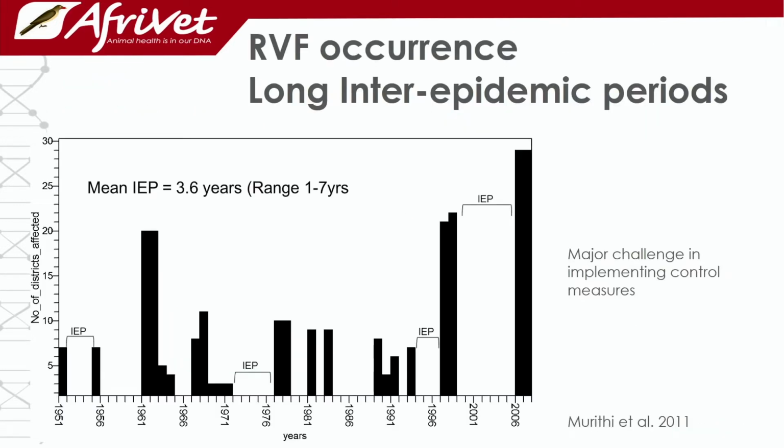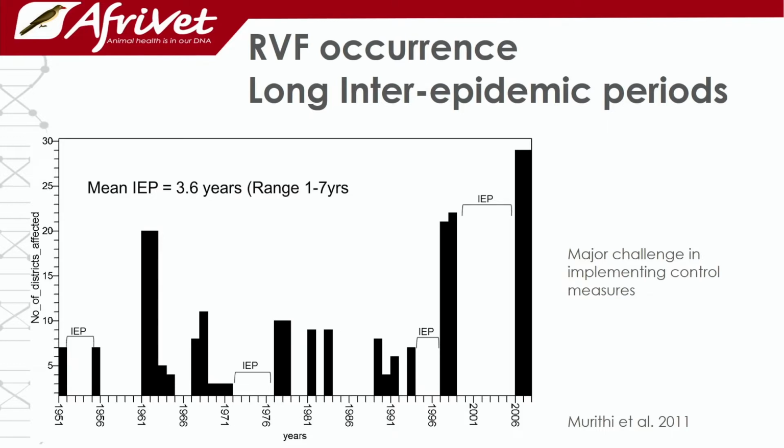And like I said, one thing that complicates Rift Valley fever is that it disappears for a number of years, and every 10 years you see it reoccurring. In Kenya, they also did a similar study where they looked into data from 1951, and they could clearly show that it reoccurred in a period of up to 7 years.